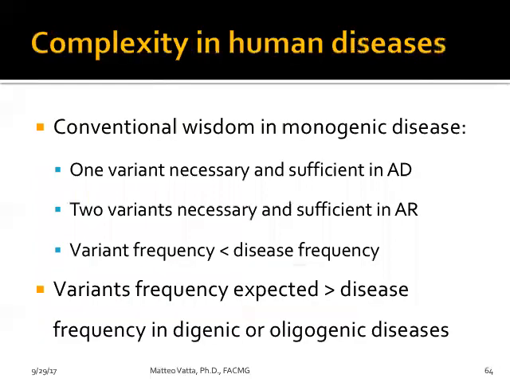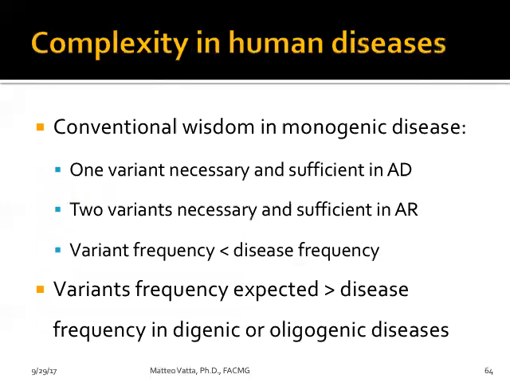So this tells you all the complexity in human disease. There are some common wisdom elements that have always been utilized, but they have been shaken lately. One is that, of course, in an autosomal dominant disease, one variant is sufficient to cause a disease. When autosomal recessive, you need two changes.